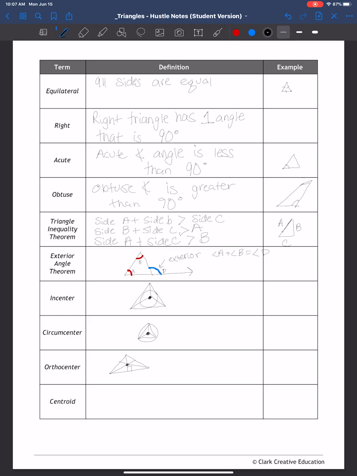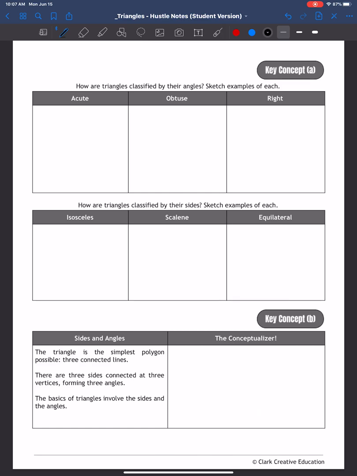Your centroid is the intersection of the medians of the triangle. So that is very similar to the one above it, okay?